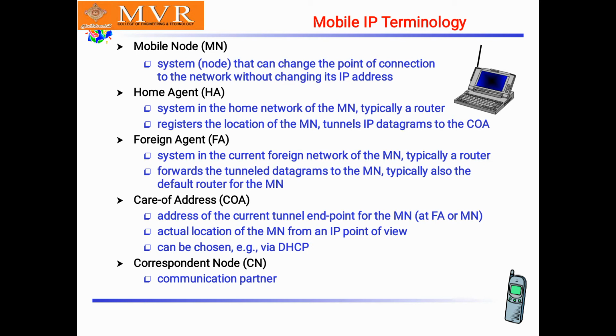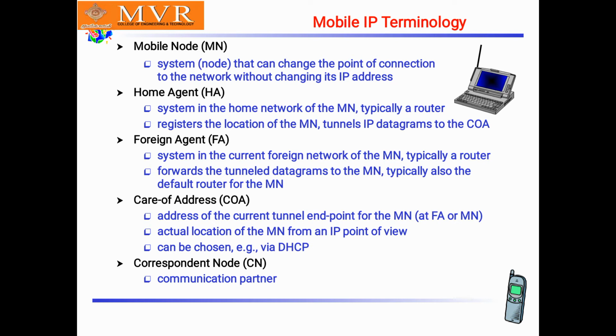The home agent registers the location of the MN, the mobile node, and tunnels IP datagrams to the COA, the care of address. The foreign agent is the system in the current foreign network of the mobile node, typically a router.